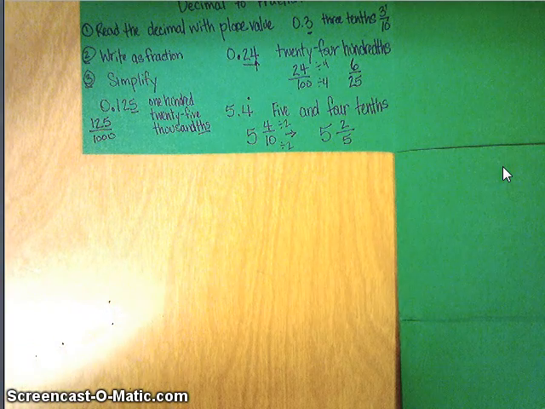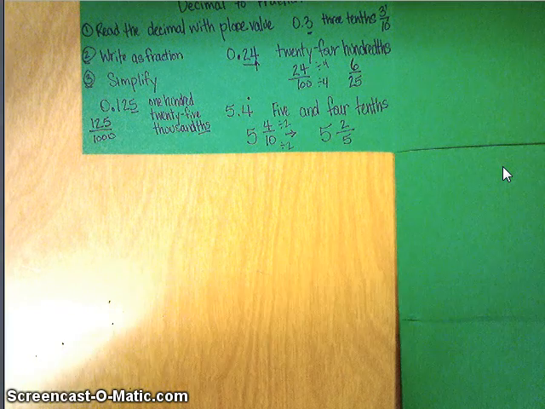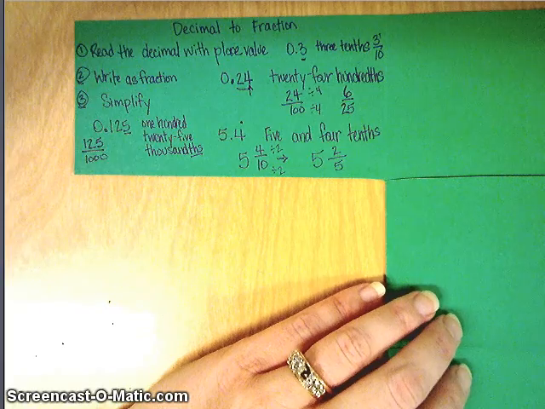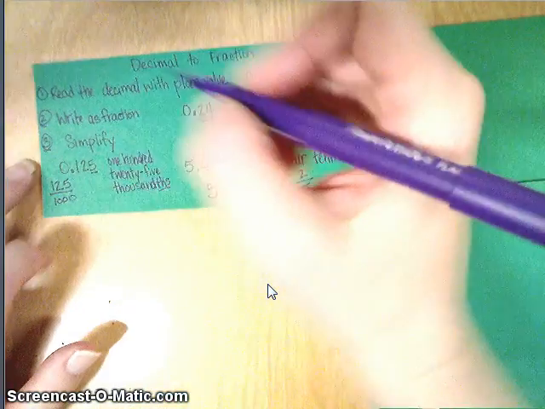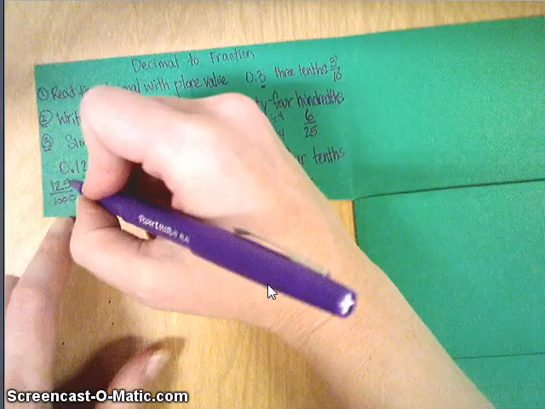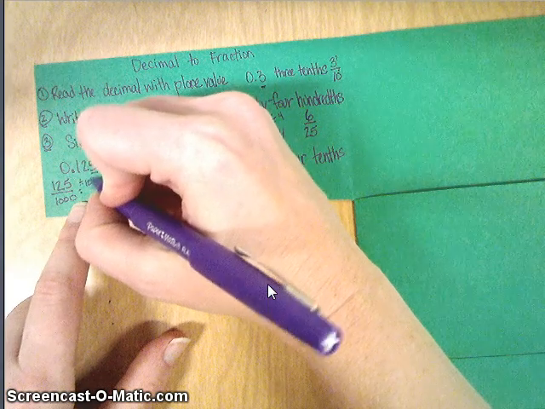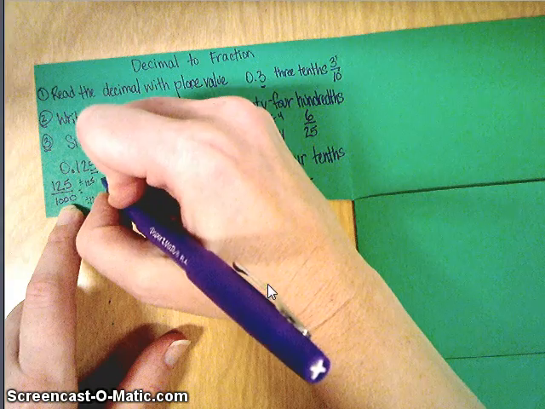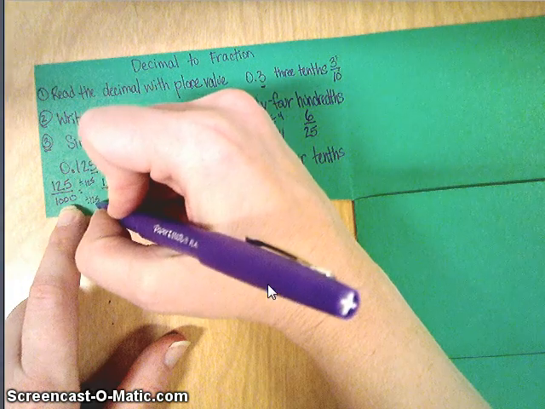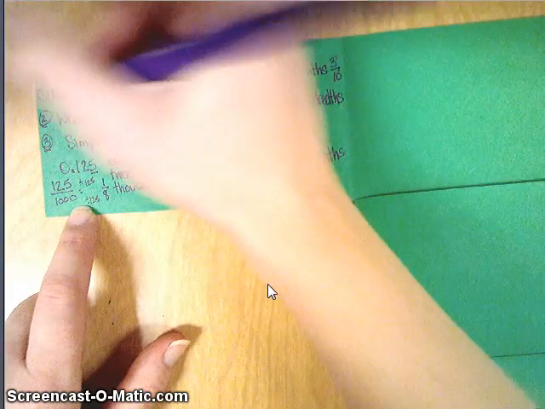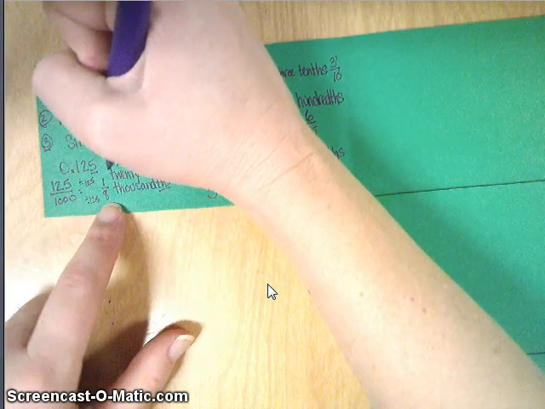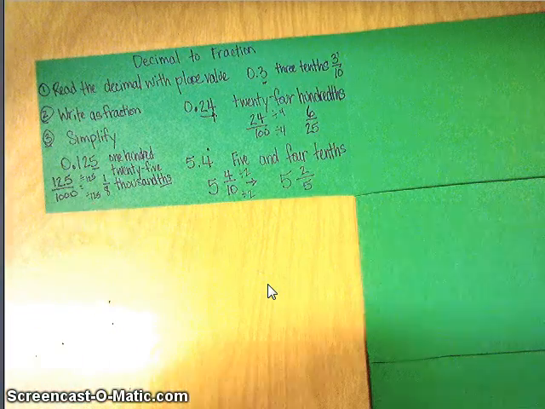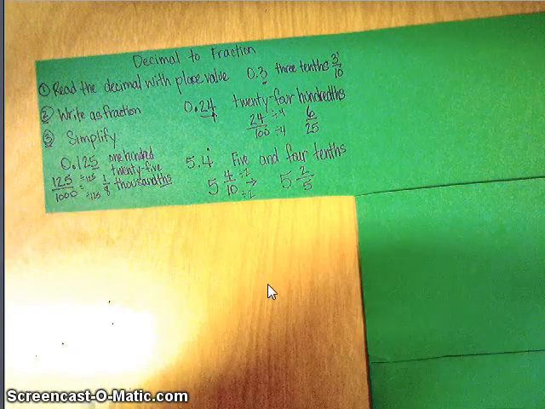But it's not in lowest terms. I'm going to pause the video here and give you a moment to simplify this to lowest terms. The common factor here is actually 125. 125 divided by 125 is 1. 1,000 divided by 125 is 8. So 125 thousandths as the decimal written in lowest terms as a fraction is 1/8. Good job.